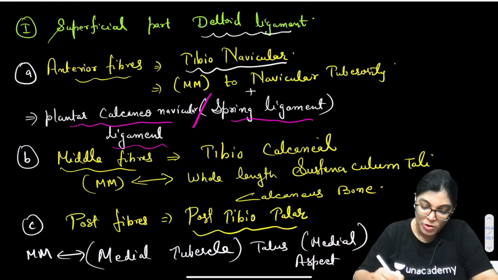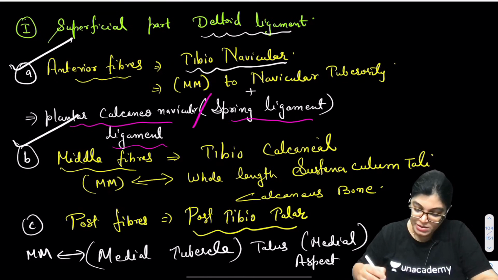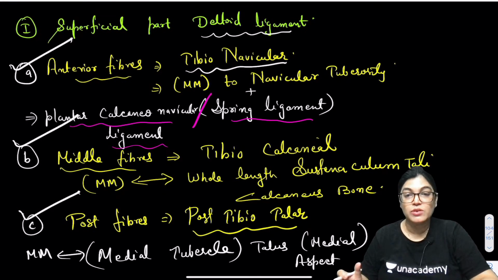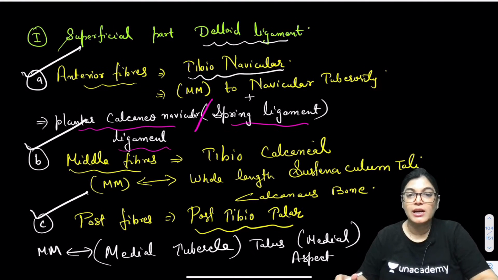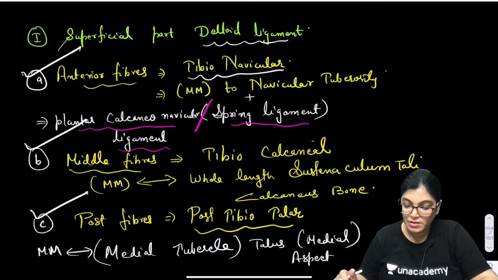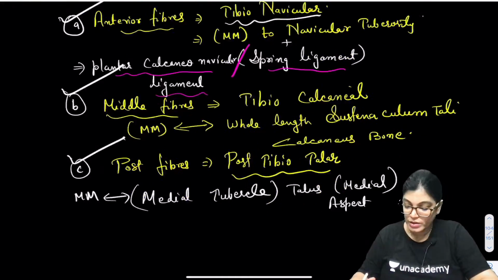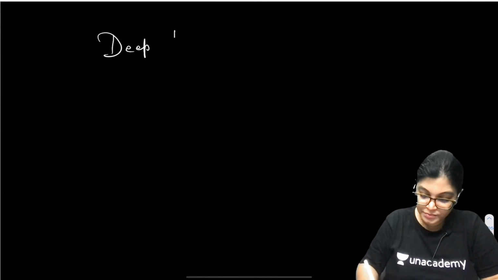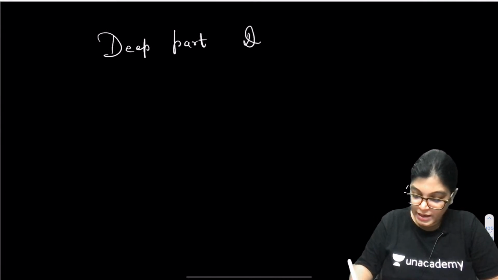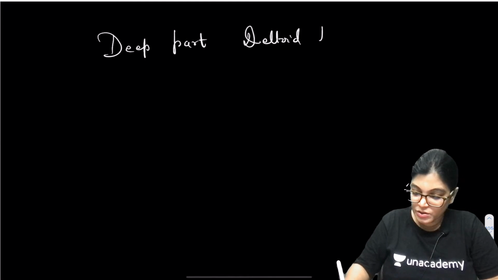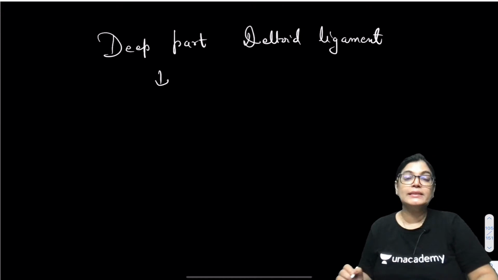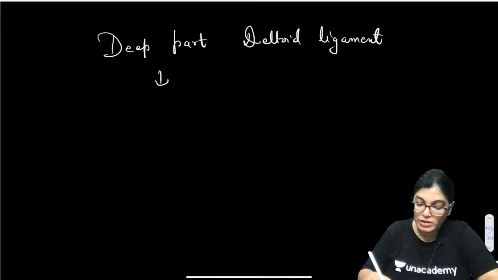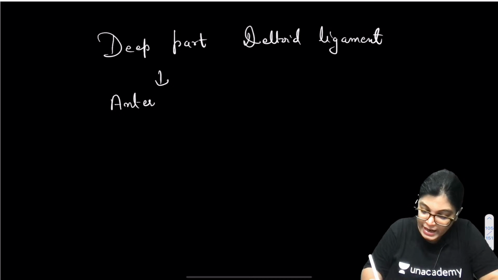So this is about the attachment of the anterior, middle and posterior fibers of the deltoid ligament. We have done the superficial part of the deltoid ligament. I also want to give you the details about the deep part. The deep part is called the anterior tibiotalar.